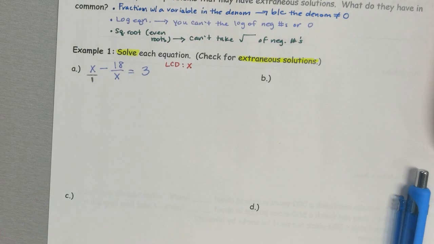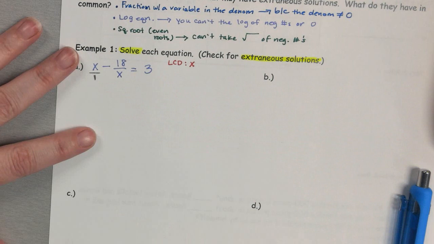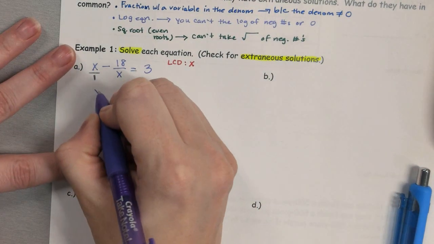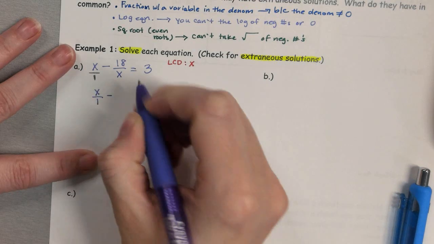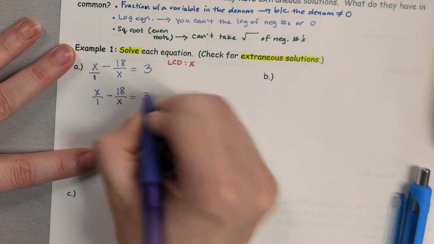I'm going to show you a couple different ways to do this today. In the past, we would take each of these. I'm actually going to color code this for you. So this is x over 1 minus 18 over x equals 3.